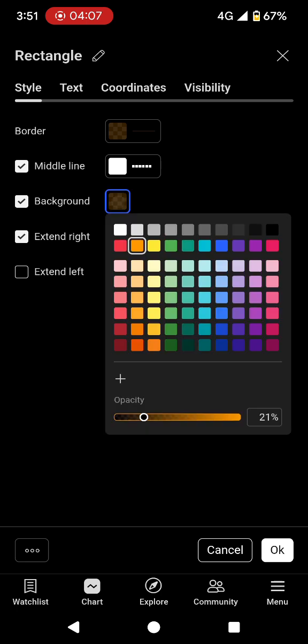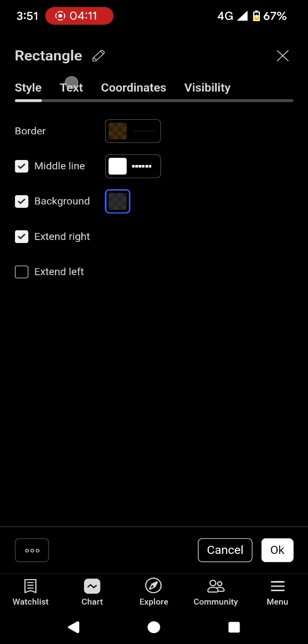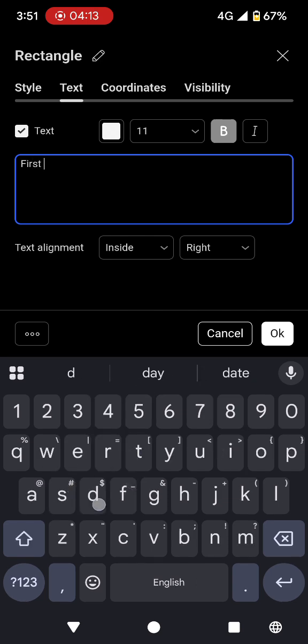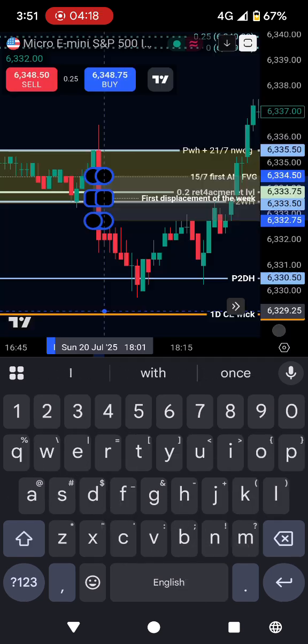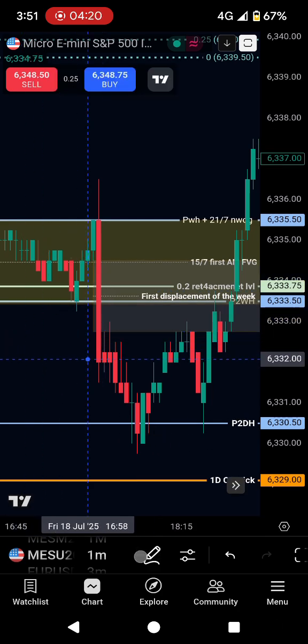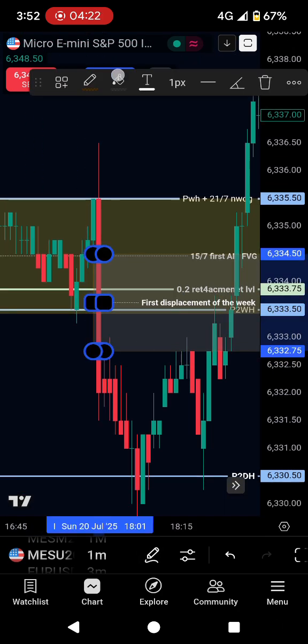Maybe we are gonna use green. Okay, and here I'll just write first displacement of the week. Okay, so I'll make a mental note for this CB.